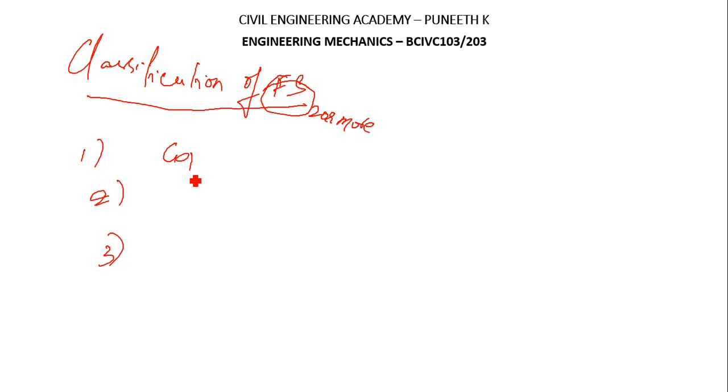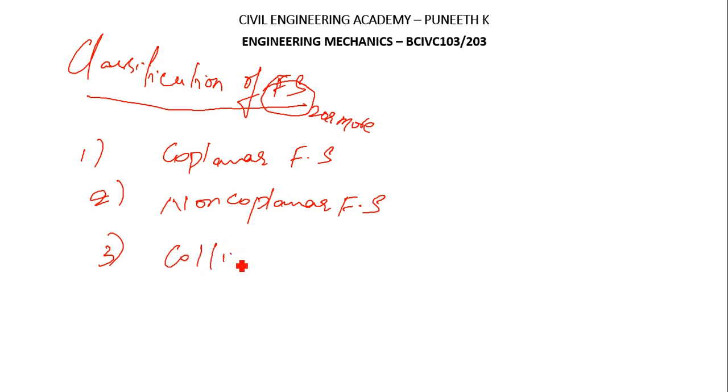Now, there are three classifications of the force system. Number 1, coplanar force system, number 2, non-coplanar force system, and number 3, collinear force system. These are the three major categories of forces. What is the meaning of coplanar?